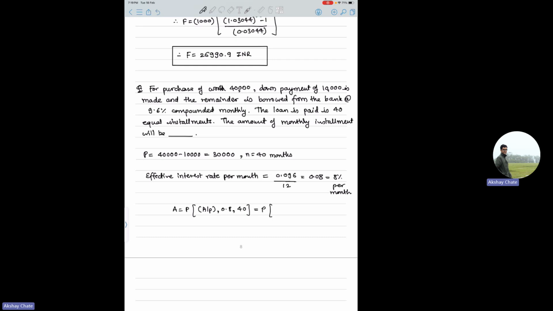That will be 1 plus i power n into i, so let's call this r dash. It will be 1 plus r dash power n into r dash, divided by 1 plus r dash power n minus 1. You have to put r dash as the monthly rate. Essentially, always remember that whatever your n is, your r should also be in that unit only.